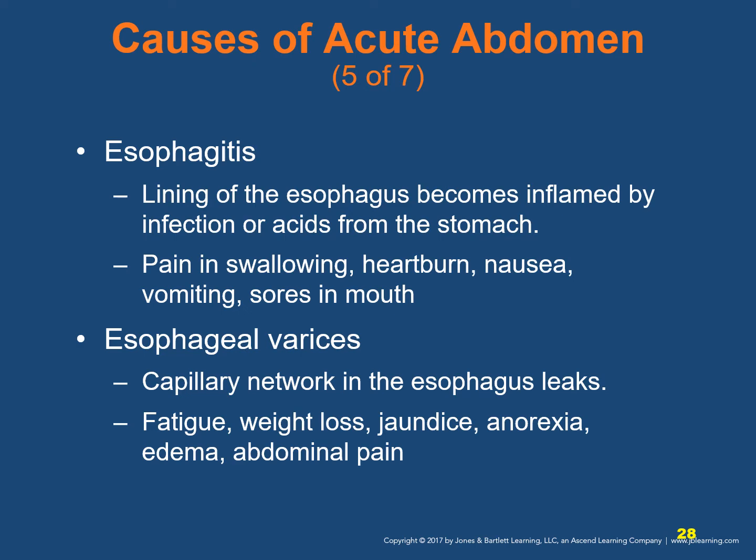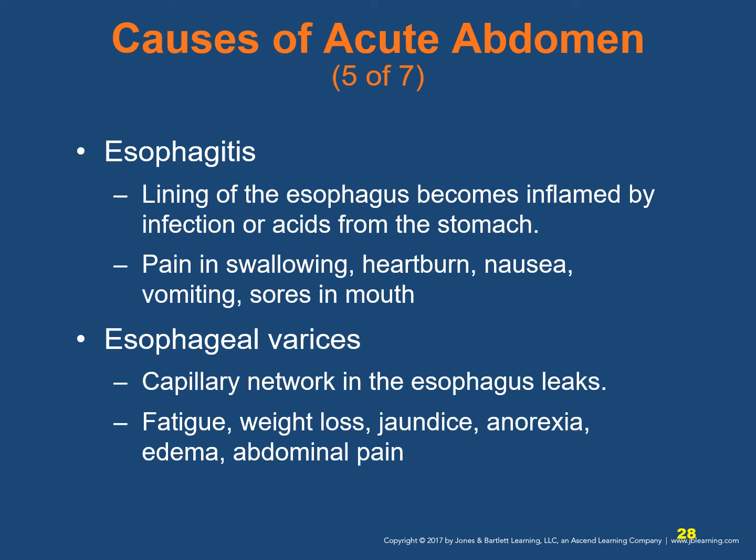It is also referred to as acid reflux disease, and it can cause a burning sensation within the chest, which is heartburn. The patient may report pain when they swallow, and some additional symptoms are, as we already mentioned, heartburn, but you can also have nausea, vomiting, sores in the mouth, and that is acid reflux or GERD.